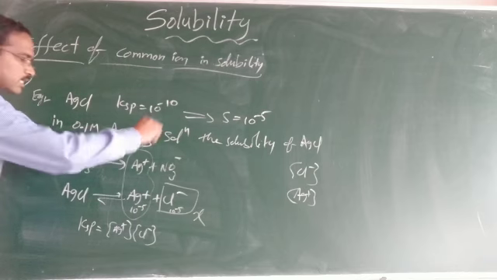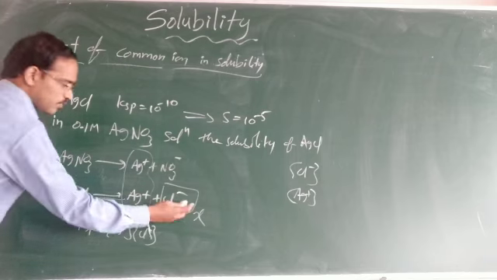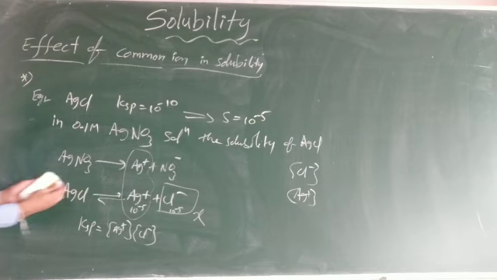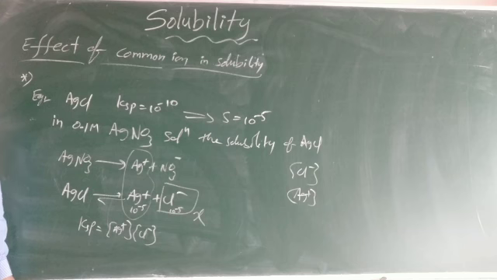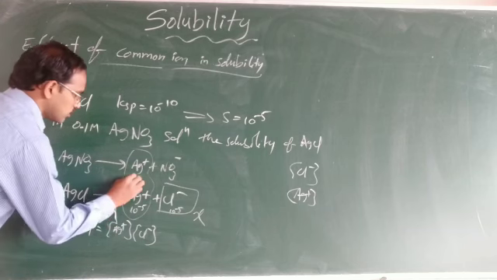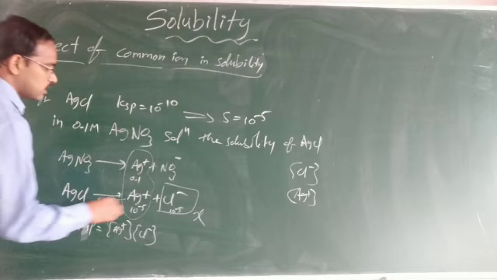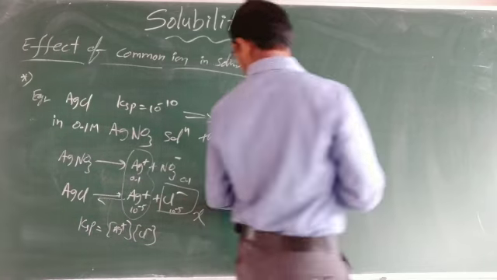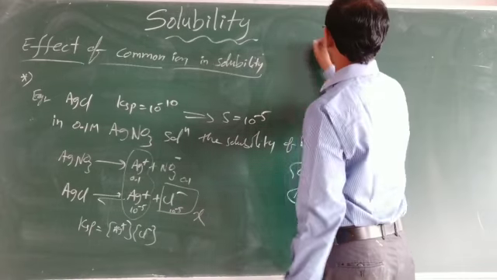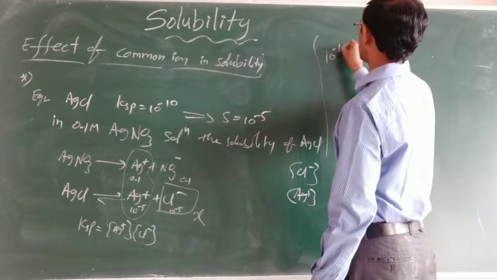When you are adding AgNO3, due to the common ion effect, these both are combining and forming AgCl. So Cl minus will be decreased. Now, how much decrease? See, what is the concentration? Ag plus concentration is 0.1, and this one also 0.1. Now, what is the Ksp of AgCl? 10 power minus 10.